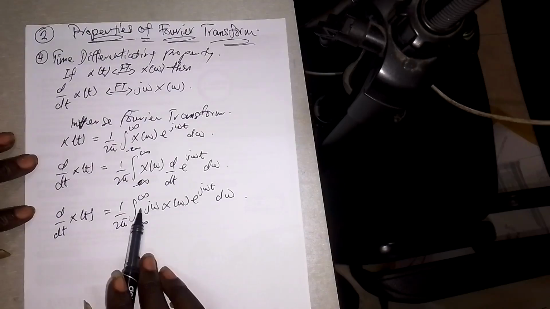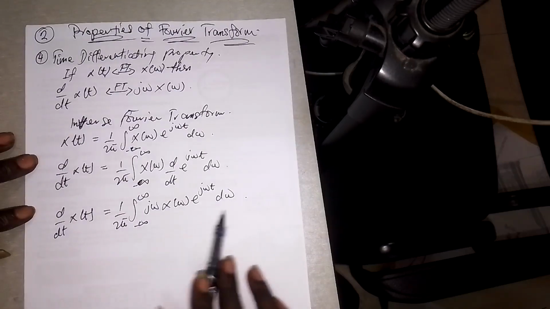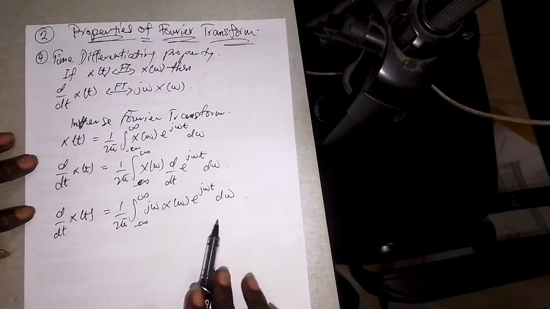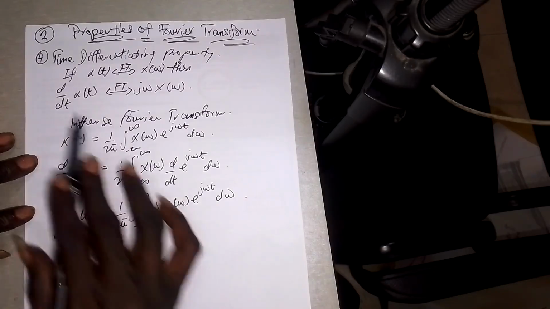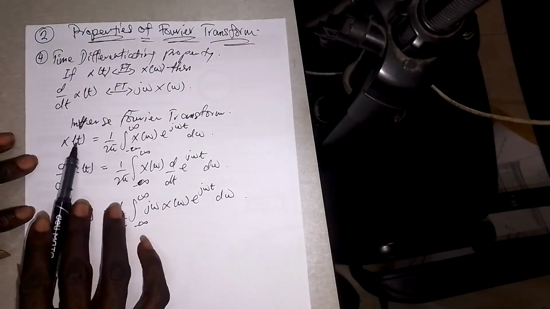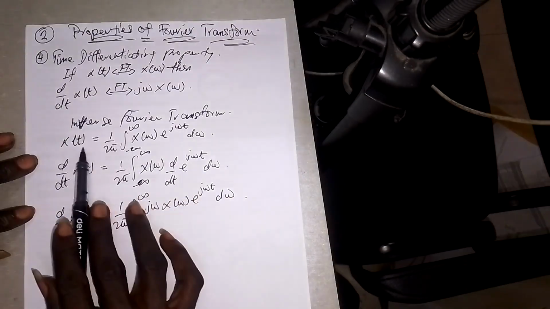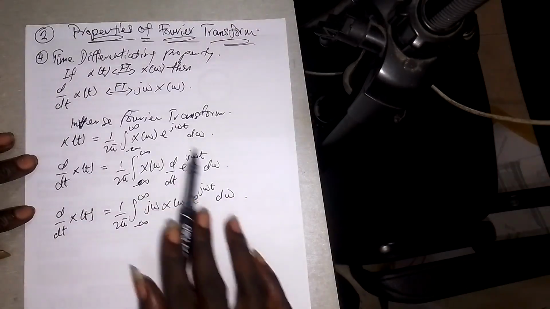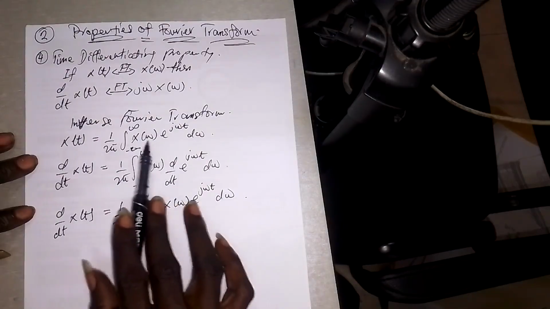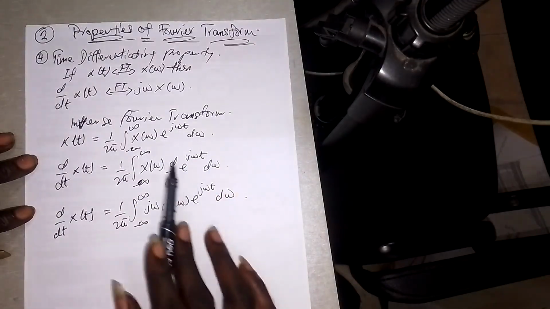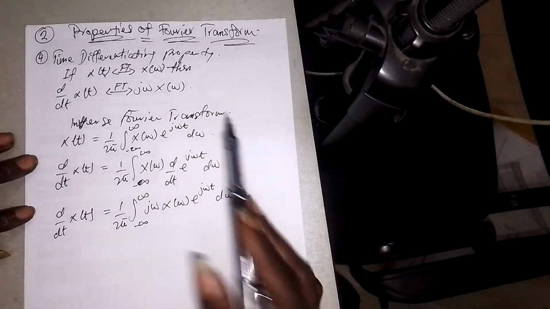If you take away j omega, the rest of the parameters that you see in this particular equation denotes x of t, because you can see that x of t equals this. And we know that the Fourier transformation of x of t is X of omega.